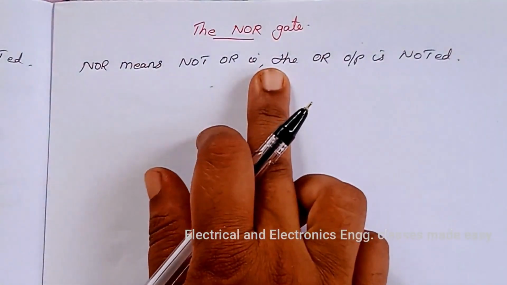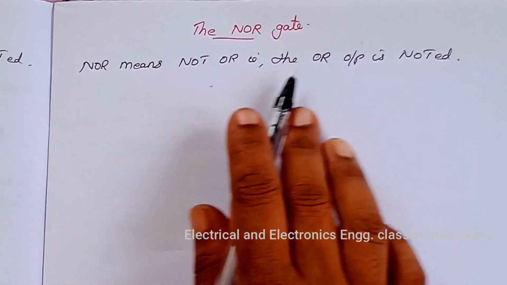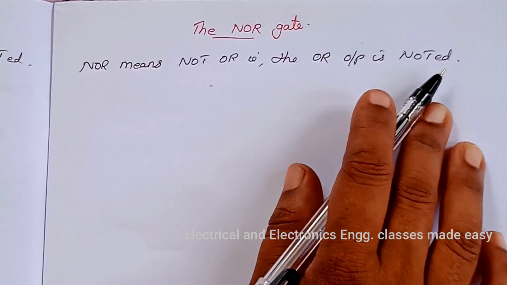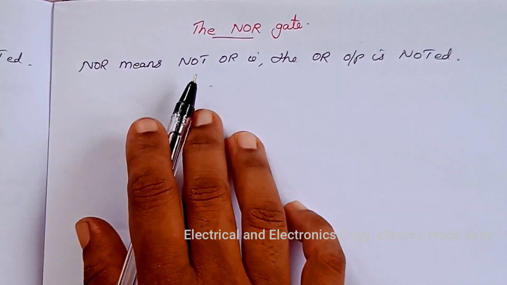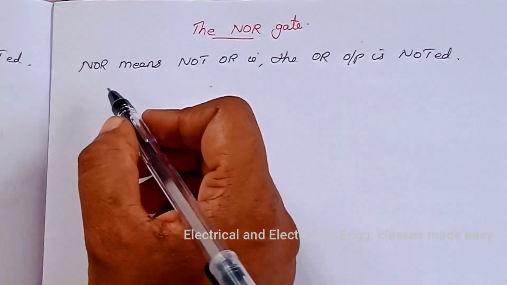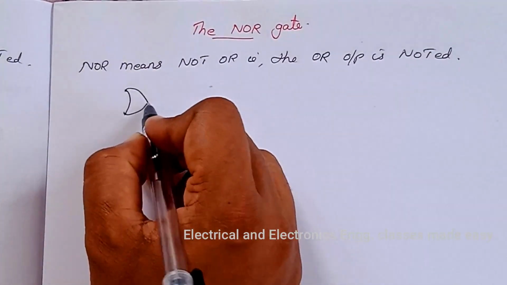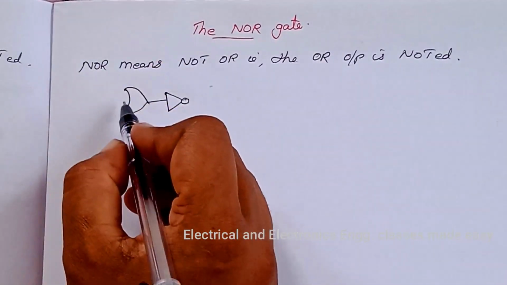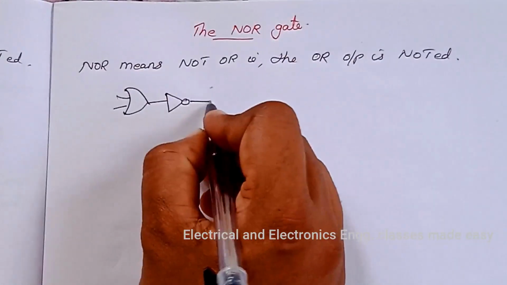Next is the NOR gate. NOR means not OR. That is, the OR output is inverted. So a NOR gate is a combination of an OR gate and a NOT gate. And the logic symbol can be drawn like this. So this is OR gate and its output is inverted.